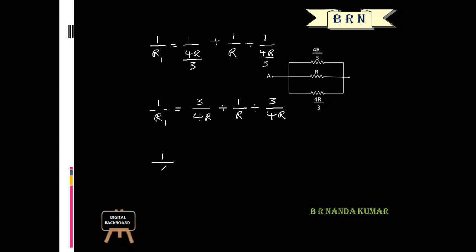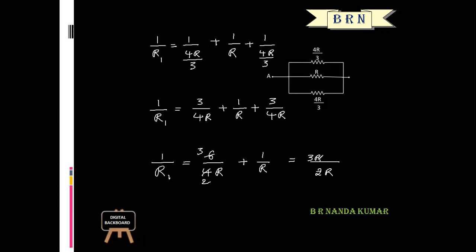So 1 divided by R1 is equal to 3 divided by 4R plus 3 divided by 4R, which is 6 divided by 4R, plus 1 divided by R. So what is the LCM here? The LCM is 2R, right? So here we will get the value 3R.